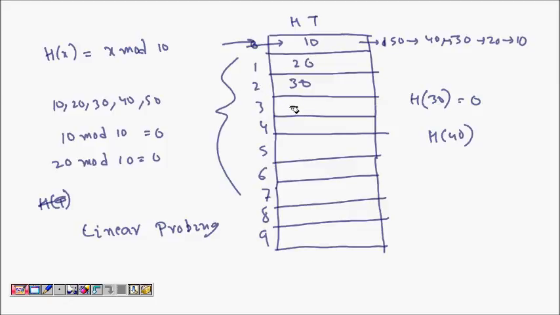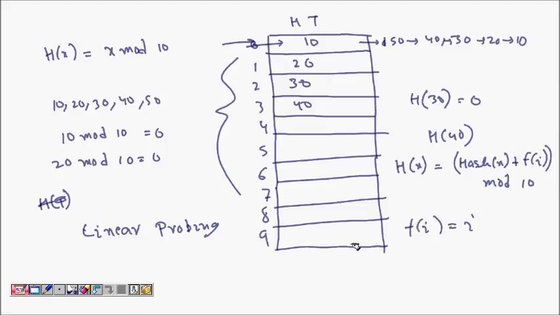Now you can see what our function will be. h(x) will become hash of x plus f(i), mod 10. Now you will ask, what is this f(i)? In linear probing, f(i) is nothing but i.